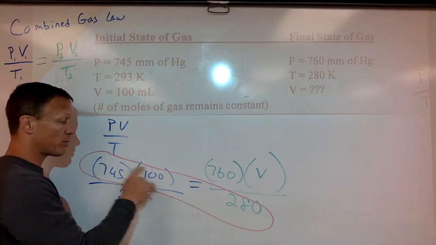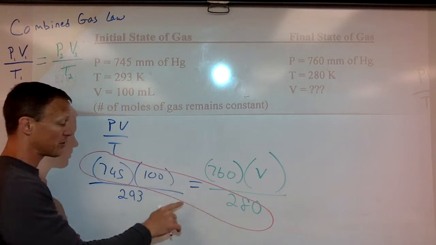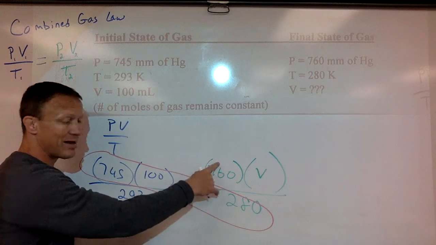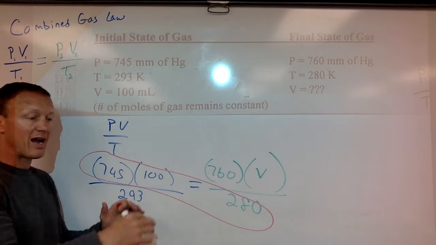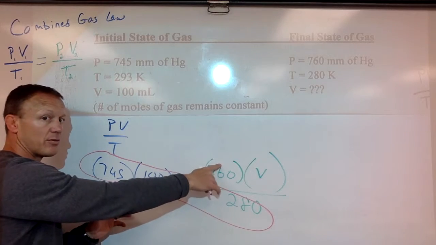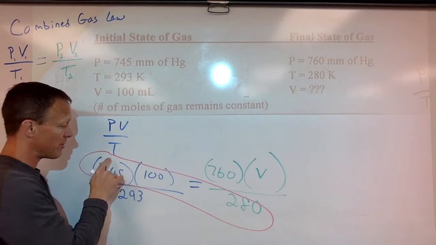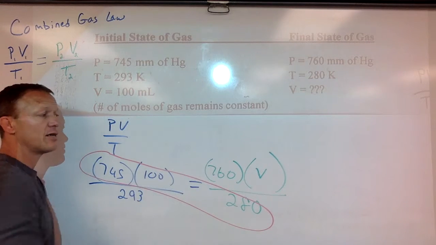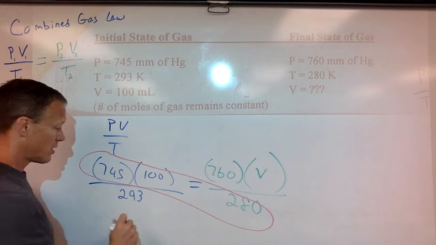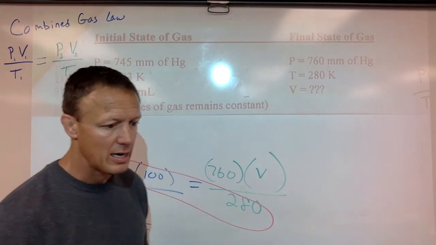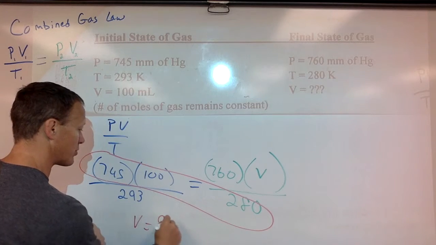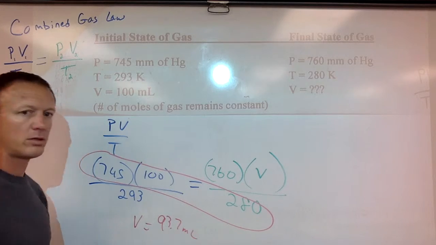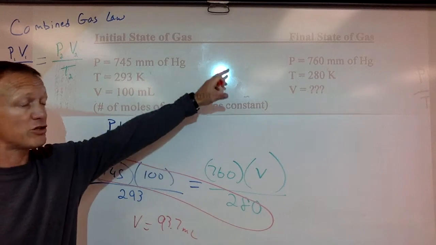So cross multiply these 3 numbers, divide by 293, divide by 760. That's the same thing as dividing by the product of those 2 numbers multiplied. But it's easiest just to type in this times this times this, divide by 293, divide by 760, it equals. Your volume there ends up being about 93.7 milliliters, which we said should go a little bit smaller. So 100 milliliters shrunk down a little bit because we changed the pressure and the temperature.